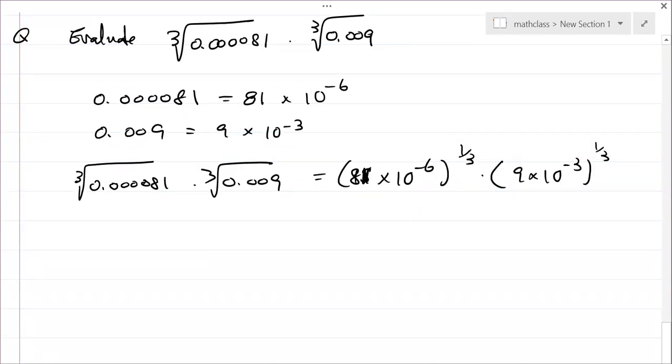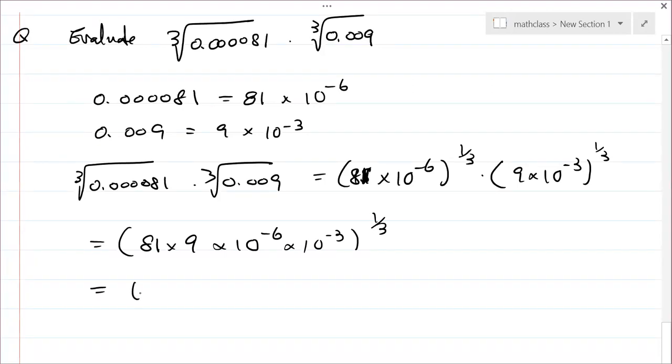Okay, I can put them together. And you have a negative, right? Put it inside. Then 81 is 9 squared, so it's 9 cubed here, 10 to the negative 9, to the 1/3.